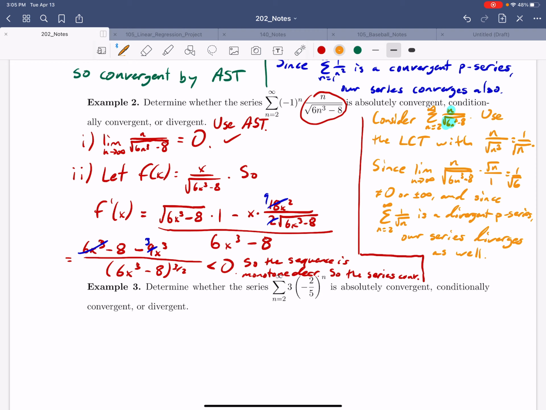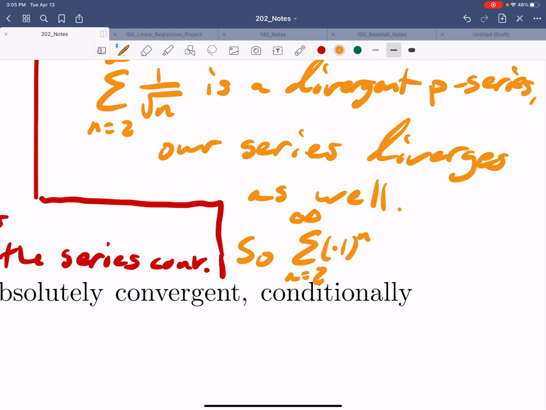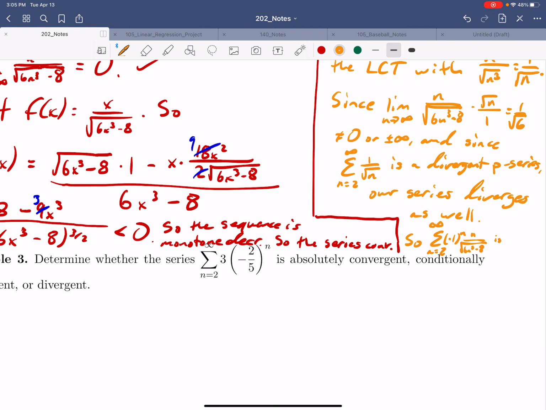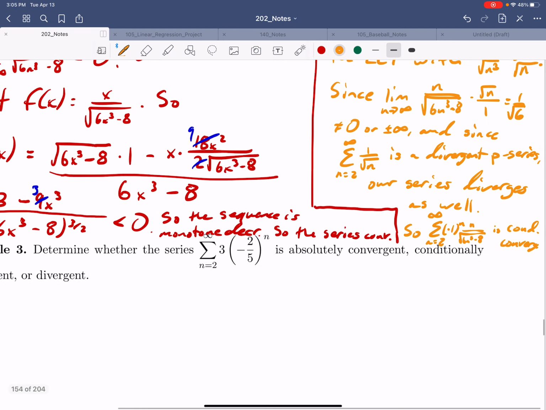So actually, to answer the question, I really ought to write the whole thing over again, which is the sum of -1 to the n, maybe we'll zoom in a little bit, n over the square root of 6n cubed minus 8, is conditionally convergent.